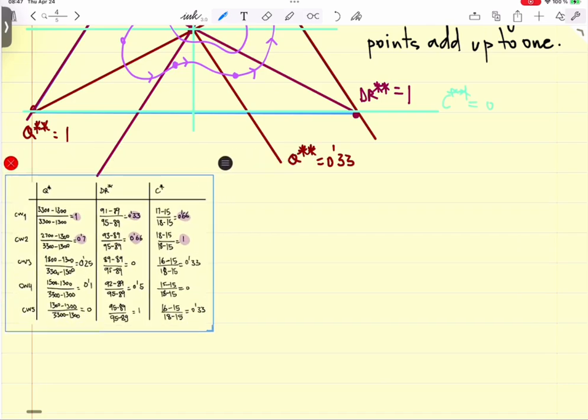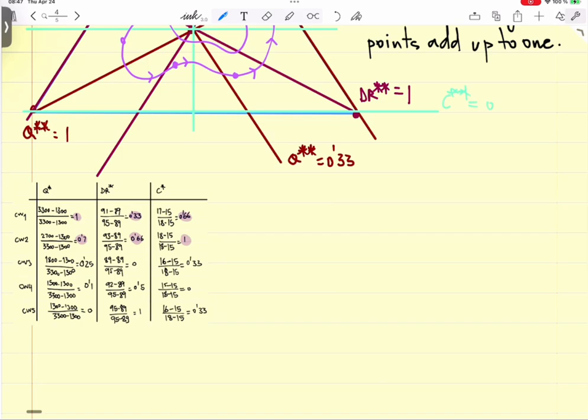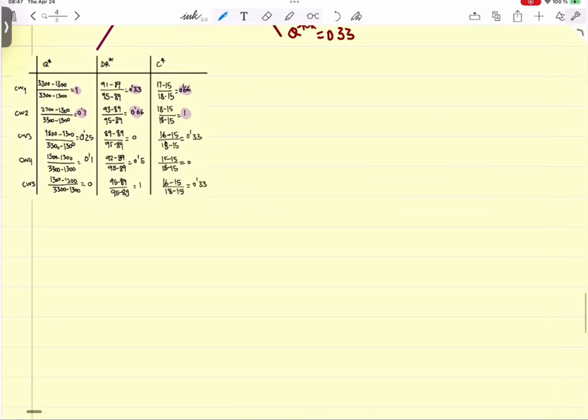And now we want to have the Q star star numbers. So we go ahead and say Q star star of calendar week 1. We want these 3 numbers to add up to 1. Okay? How do we do it? Well, we take the first 1 and divide it by the sum. 1 plus 0.33 plus 0.66.